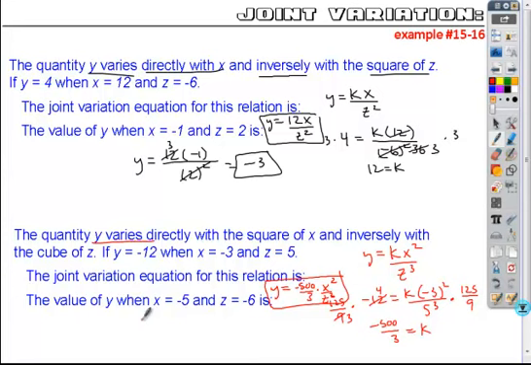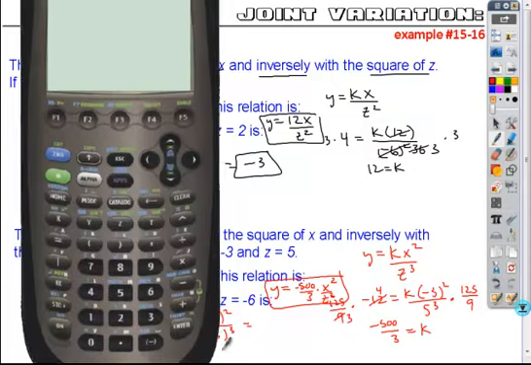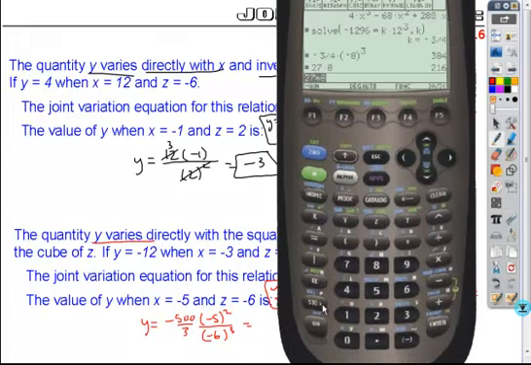And then when I evaluate, I get y is equal to negative 500 over 3, plug in my new values, negative 5 squared, negative 6 cubed. And when I calculate that out, I get a negative 500 times the quantity negative 5 squared, which is 25, divided by the quantity negative 6 cubed.